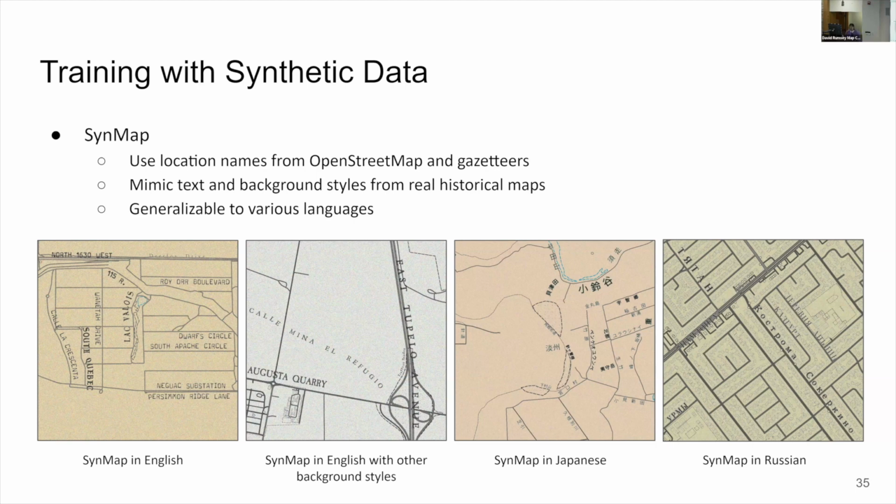And we are mimicking the text and background styles from those real historical maps. And this approach is generalizable to various languages. So the images down here are all synthetic map images, and they're in different languages and different backgrounds.